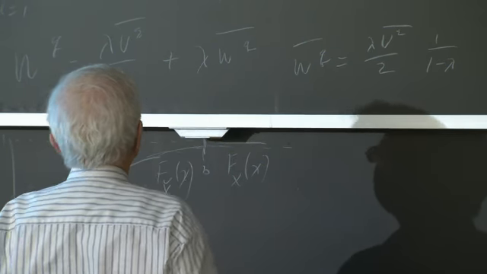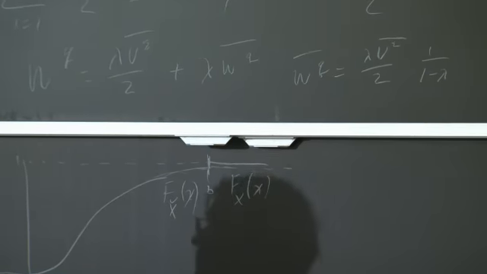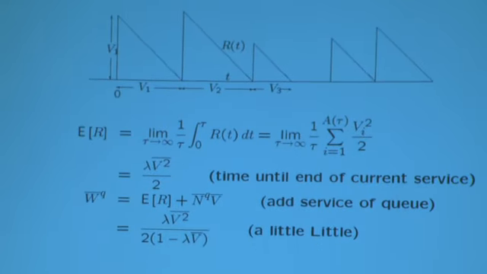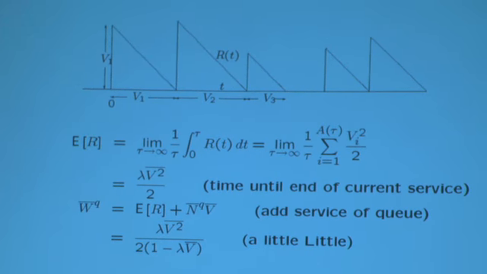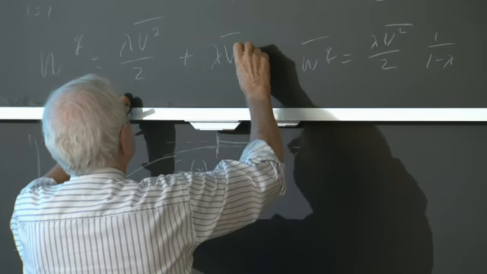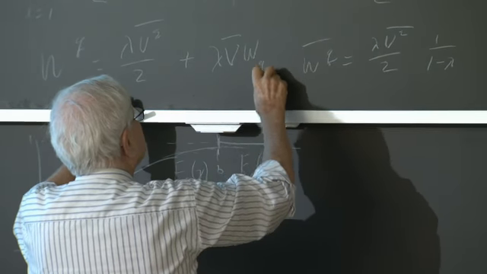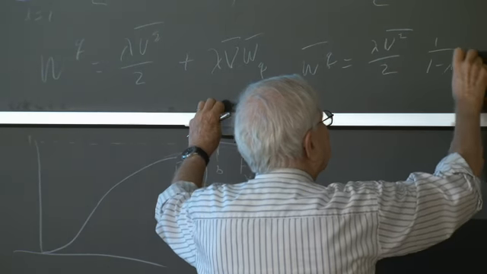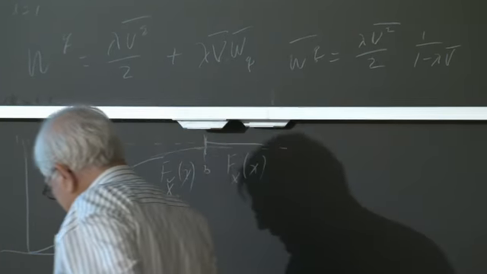Where did the v bar come from? Oh, it came from this quantity there, lambda v bar times W sub q bar. Okay, so now we get lambda v bar.